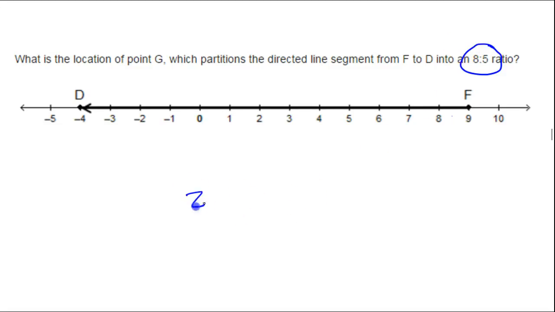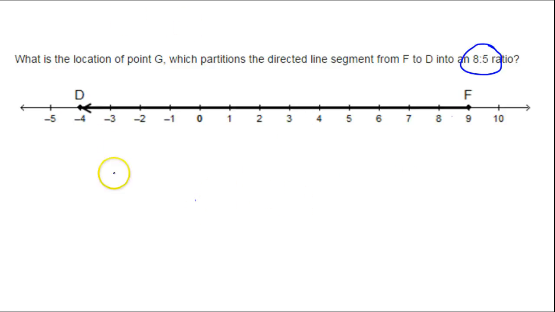Here's what I mean. If you see the ratio 2 to 3, that means one part is 2, the other part is 3, but I need a fraction. So instead of thinking of it as a ratio 2 to 3, I want you to think of it as 2/5, because I'm getting the 5 from doing the total. Here's what my thought process is.